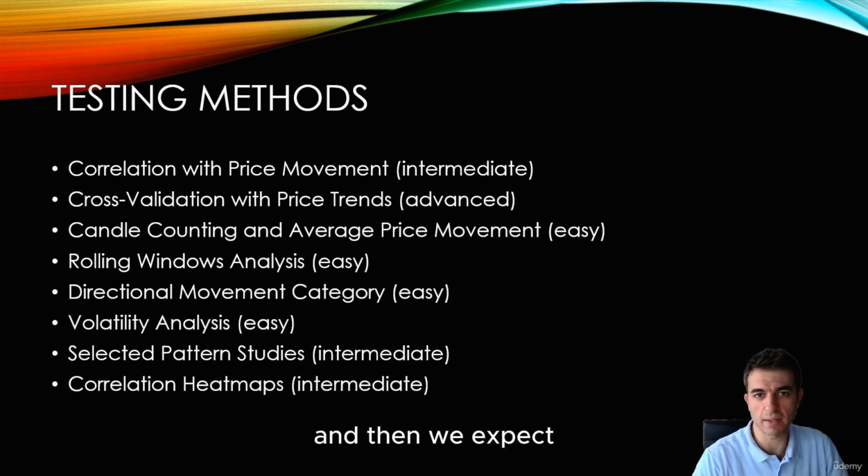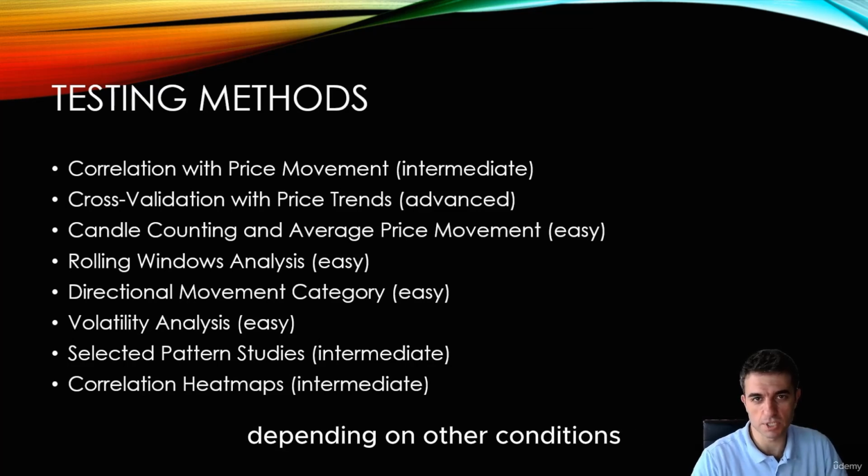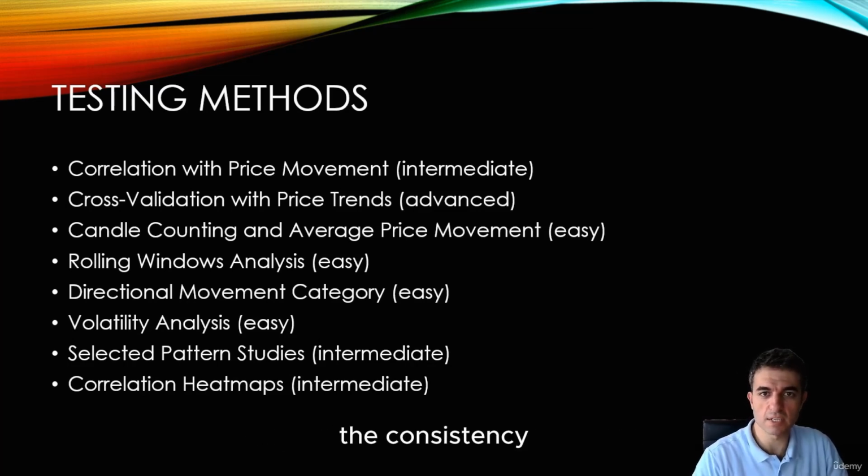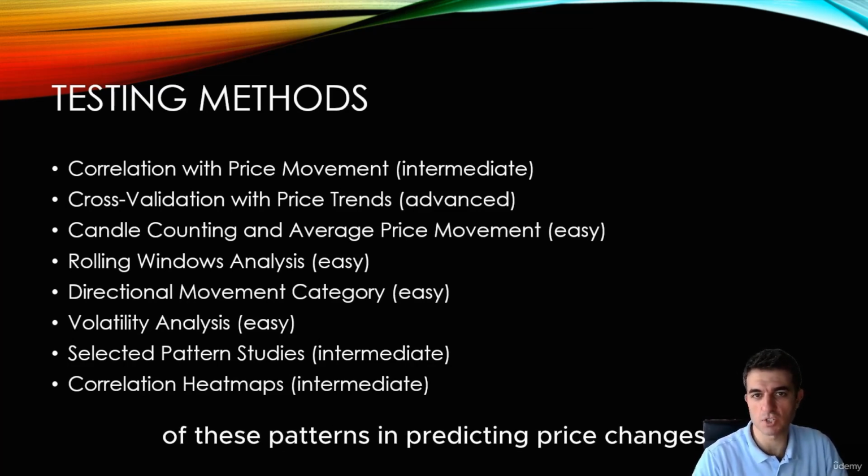And then we expect immediately after, within a couple of hours, a jump in the price, either in an uptrend or in a downtrend, depending on other conditions. So we can test the consistency of these patterns in predicting price changes.